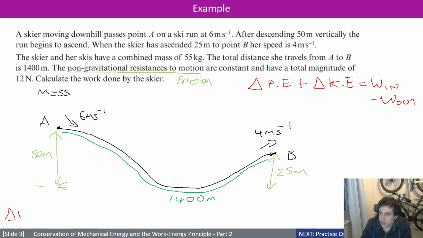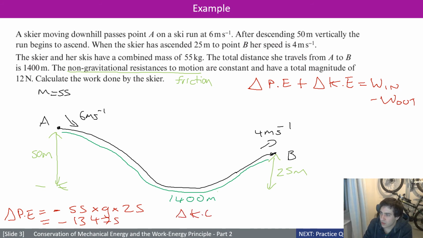Change in potential energy is going to be what? So we started at 50 meters, now at 25, so it's going to be a negative number. It's going to be minus the mass, 55, times g, times the loss in height, which is 25. Going from 50 to 25, it's a loss of 25 in height. And that gives us, if we take g as 9.8, minus 13,475.